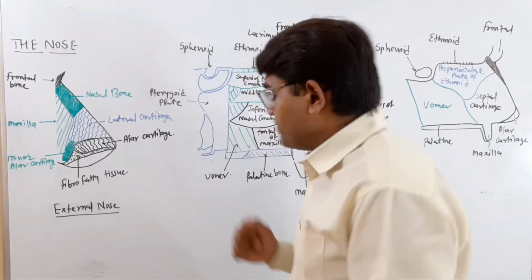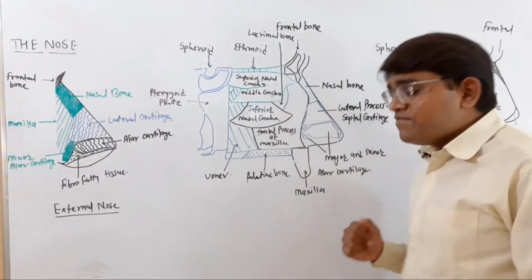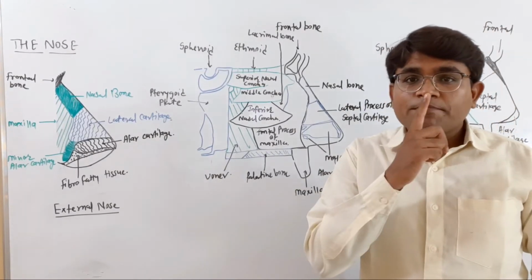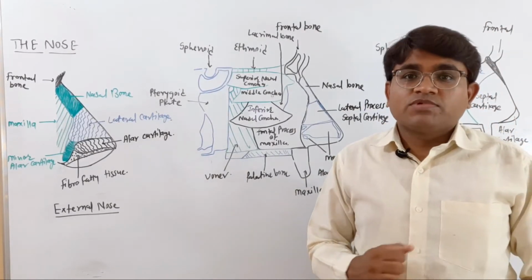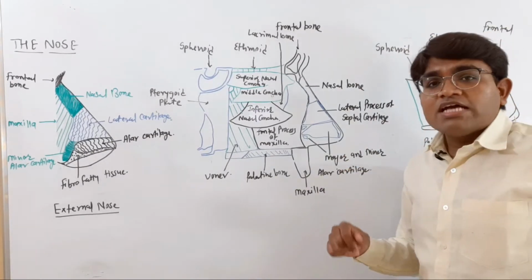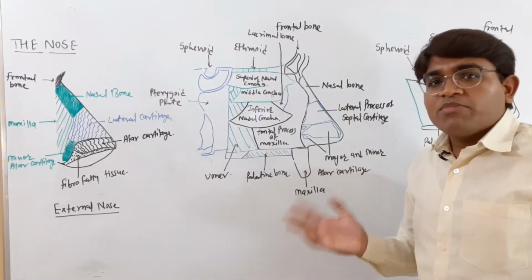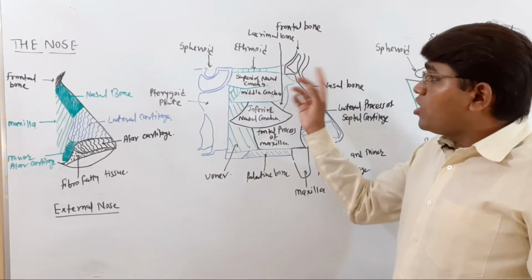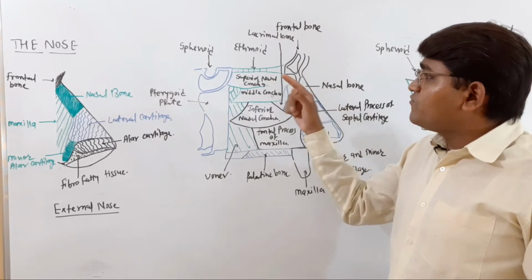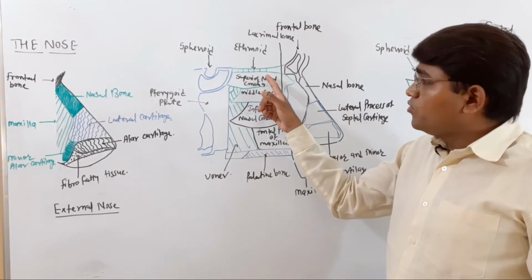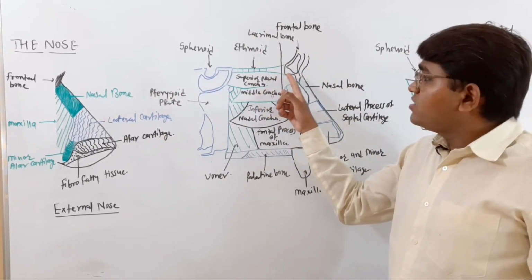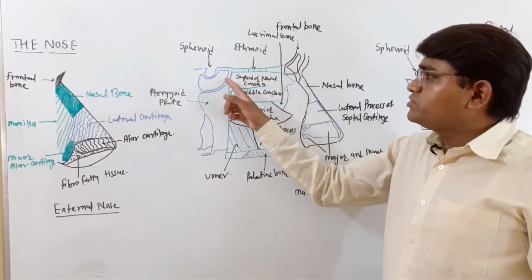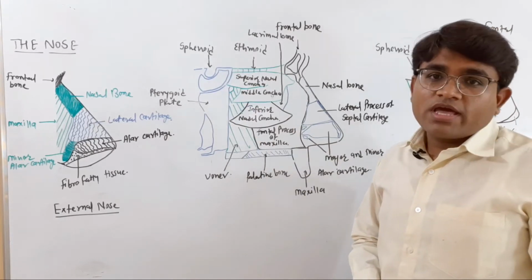Then the nasal cavity. The nasal cavity is divided into right and left parts by the median nasal septum. Each cavity has a roof, floor, medial wall and lateral wall. The roof is mainly formed by the ethmoid bone in the central area, on the anterior part by the nasal part of the frontal bone, and on the posterior part by the sphenoid bone.